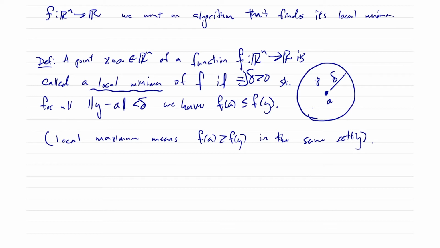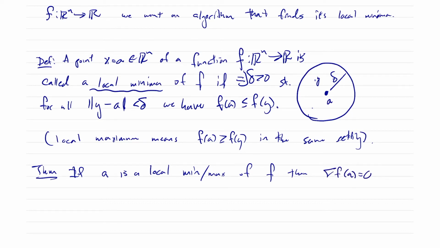And it turns out, this theorem: if a is a local minimum or maximum of f, or a local extrema, then the gradient of f at a is equal to 0. Okay, so then basically what we're going to be doing is just like in, say, Calculus 1, we're searching for the points where the gradient is going to be 0 or the derivative is equal to 0.